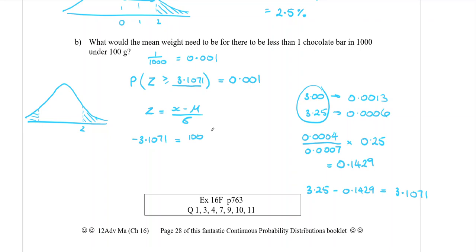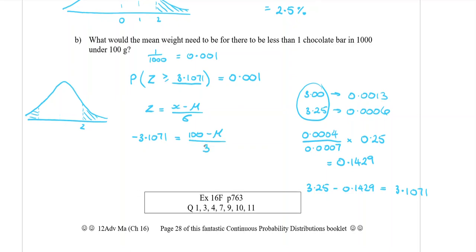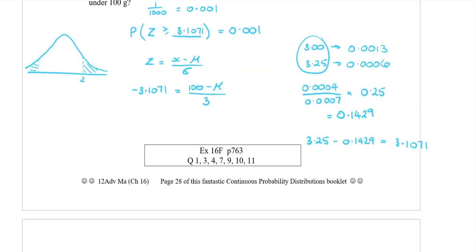We want the average, which is what we're trying to find, and our standard deviation is 3. Rearrange to find the mu. So times the 3 over, and you get negative 9.3213 equals 100 minus mu. And then you'll do a swap. So you add the mu across to the other side, which means you'll do 100 plus the 9.3213, which means you would need 109.3.